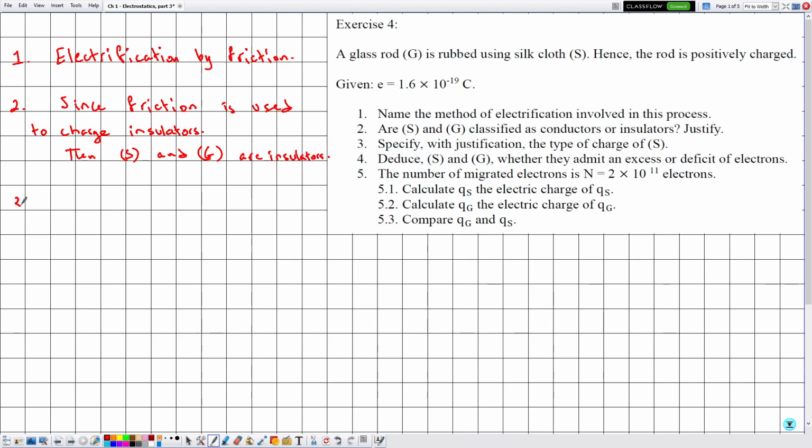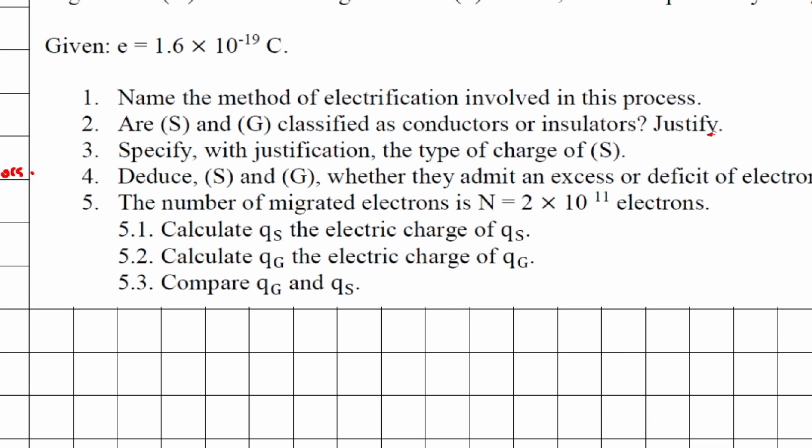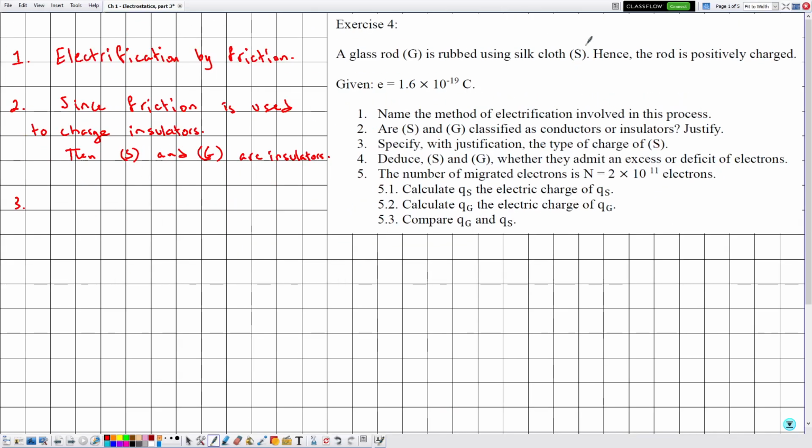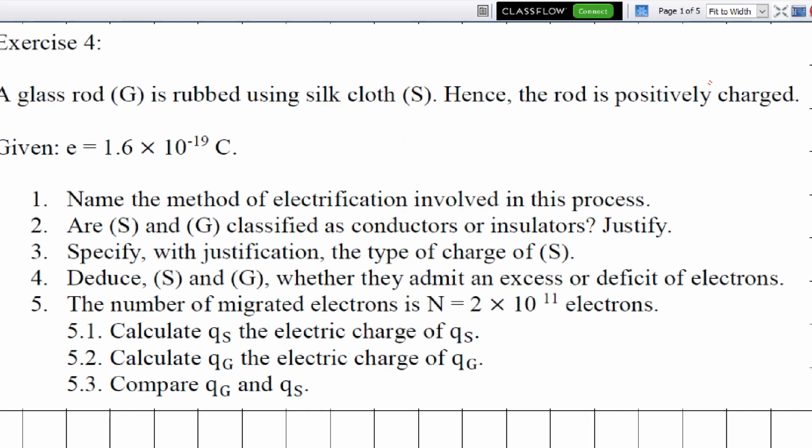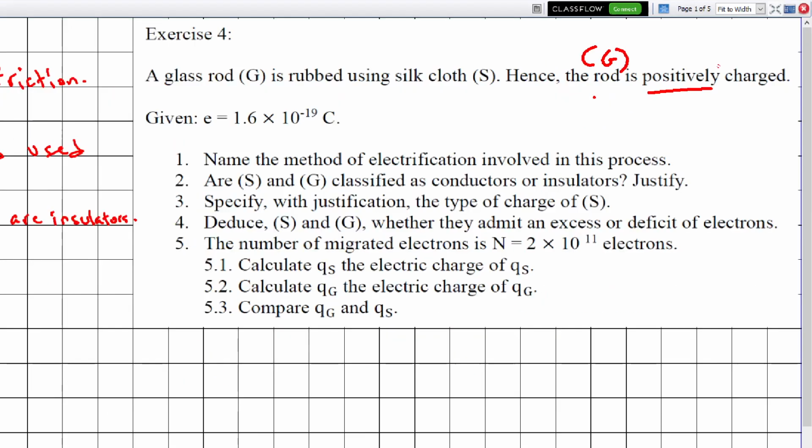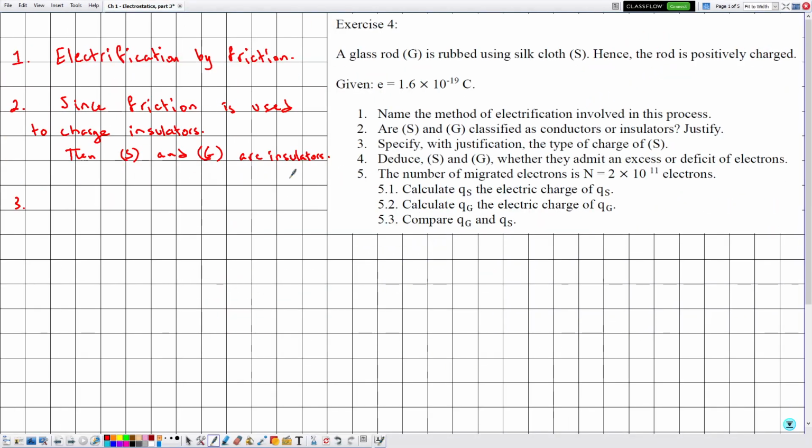Now in number 3 we are asked to specify, with justification, the type of charge of S. Since the rod G is positively charged, and while rubbing they carry opposite charges, then S would for sure be negatively charged.